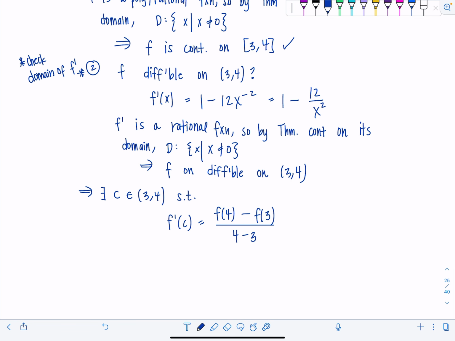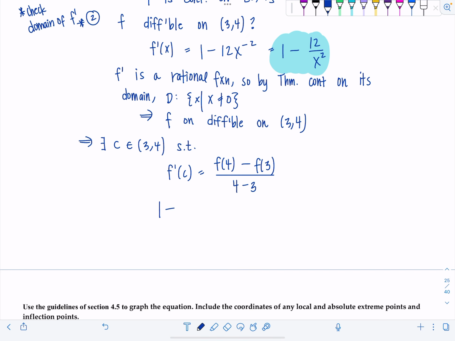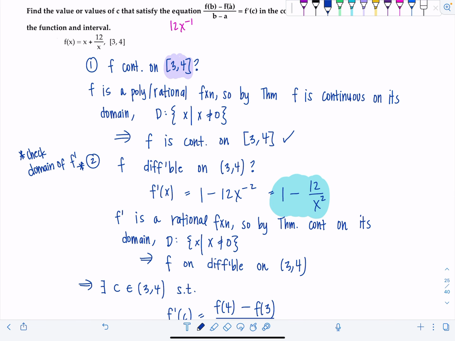Now, f prime of c, lucky for us, we already differentiated f of x earlier. So all I have to do is rewrite it and replace that x with a c. Yes, it matters. And then f of 4 minus f of 3. That comes from the original function. So where was f of x? F of x is x plus 12 over x.